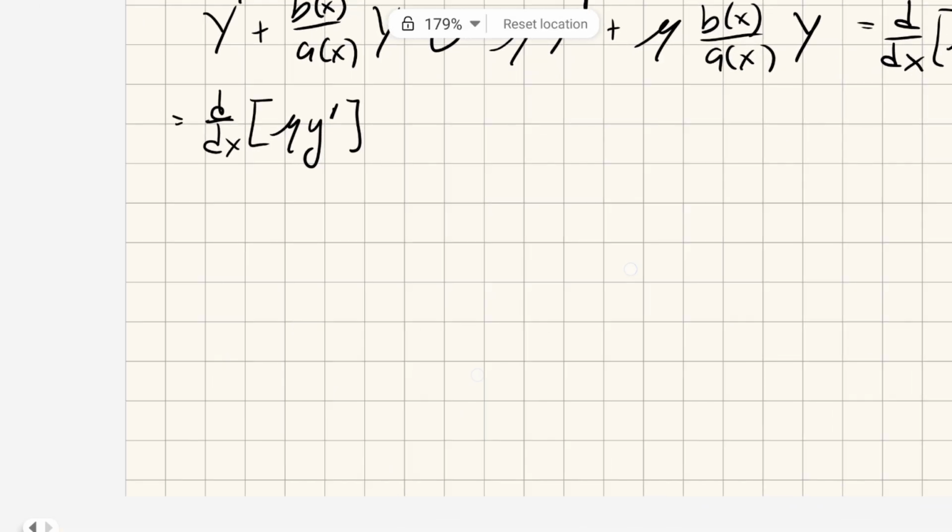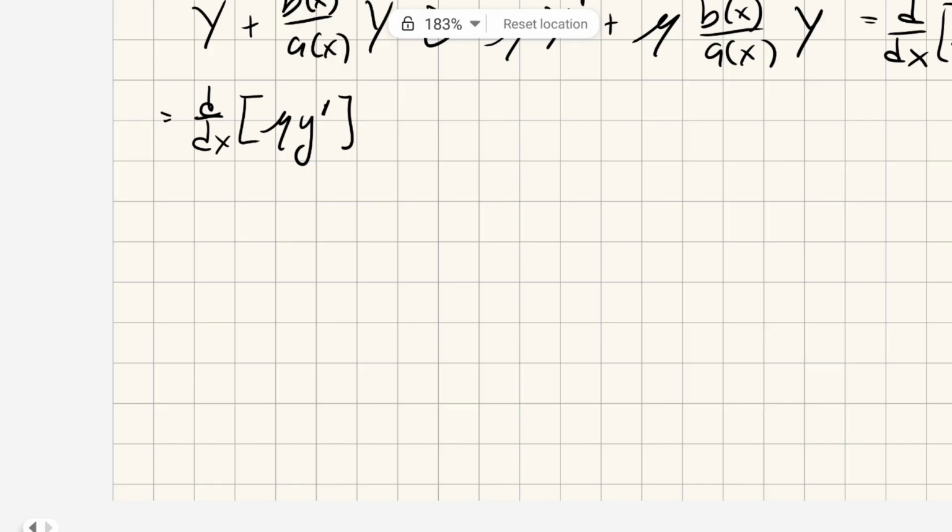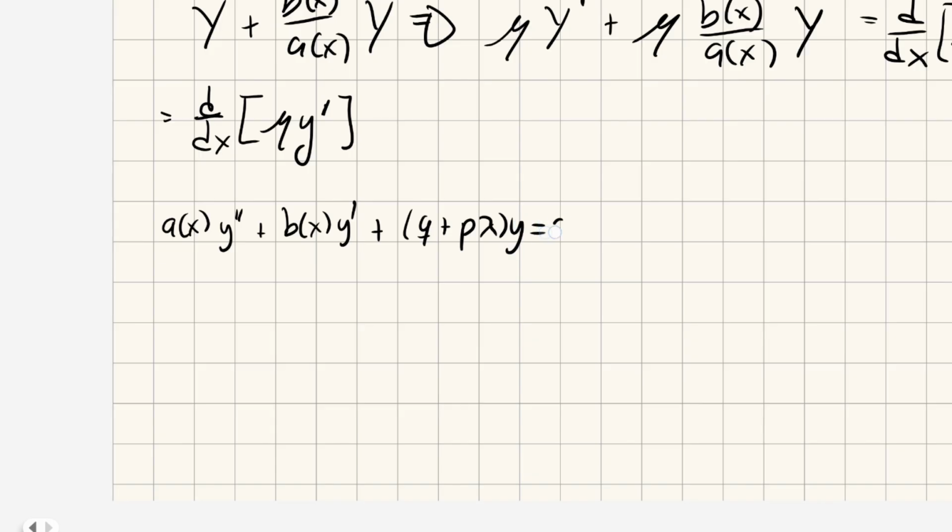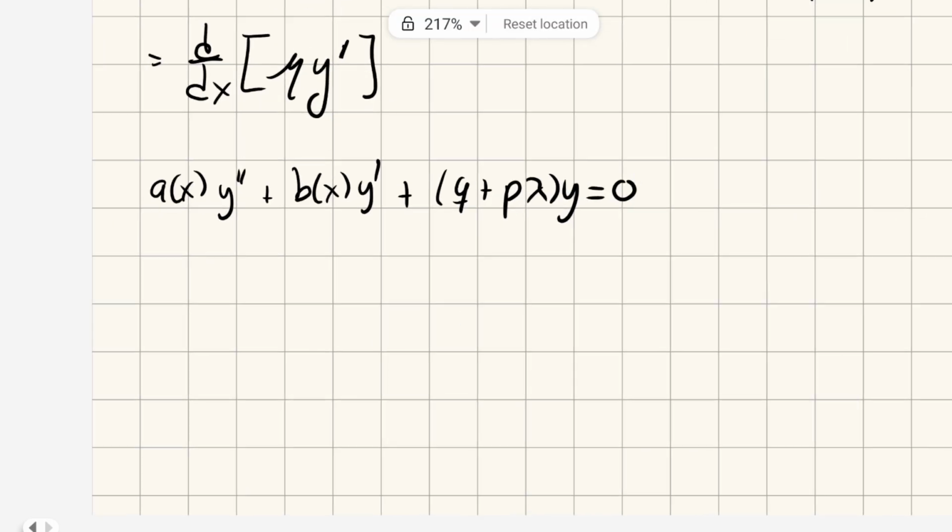So if we go back to the original version of our equation, we had a of x y double prime plus b of x y prime plus q plus p lambda y equals 0. Then we saw that we can rewrite this element with this new formula, but we need to multiply by the factor mu.